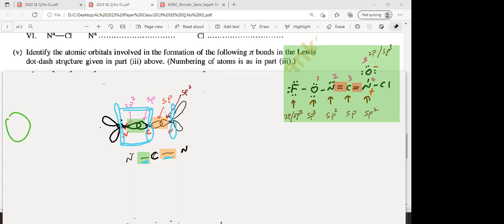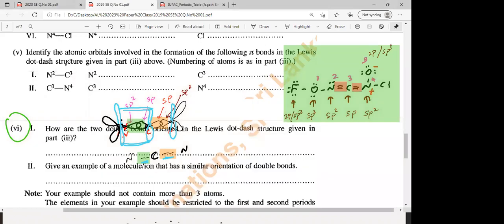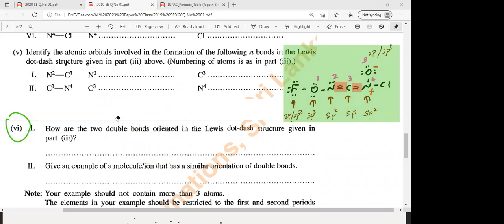Sigma bonds are linear, head-to-head overlapping, pi bonds lateral, so they are perpendicular. So what to write now? Sigma bonds are linear and pi bonds are perpendicular.